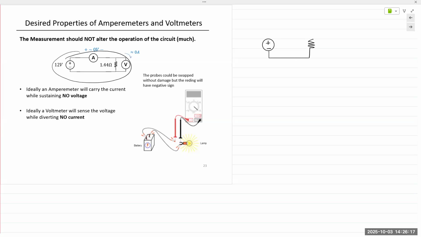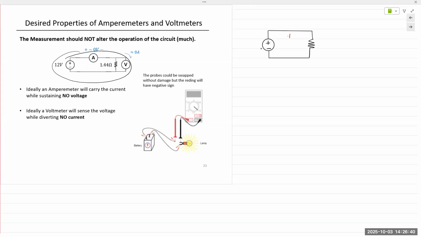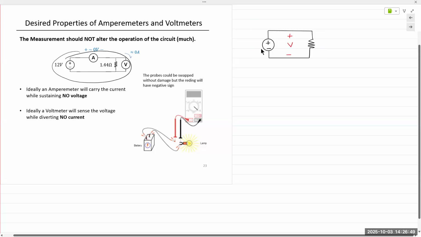This is a very unique connection of circuit because these two components are in parallel as well as in series. So the same voltage appears across both components and the same current flows.